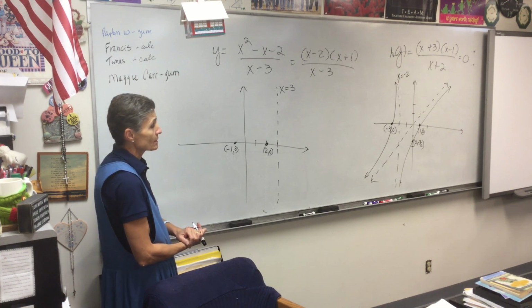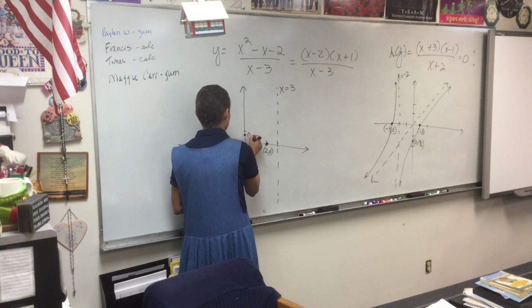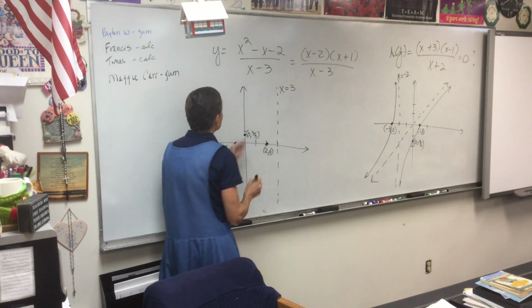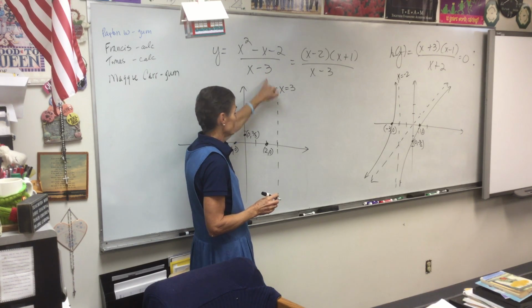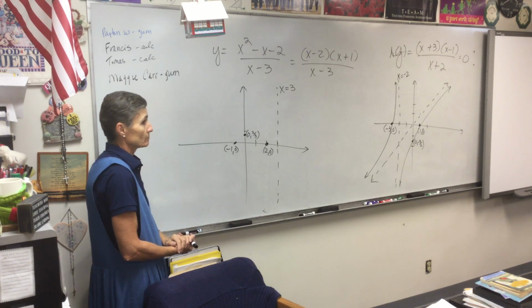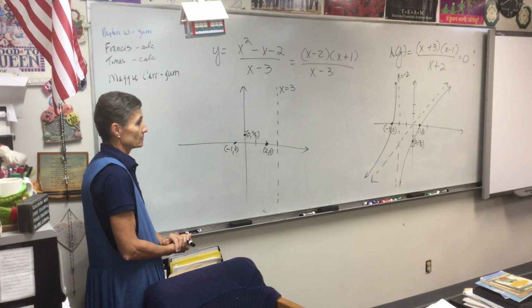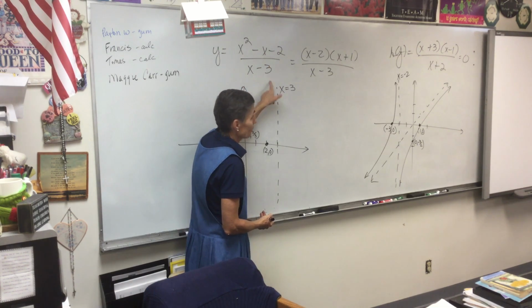Not -2/3, it'll be at +2/3. Look here, if you put zeros in, don't you get -2 over -3? Which is +2/3. If you put zeros in here, you have -2 over -3.